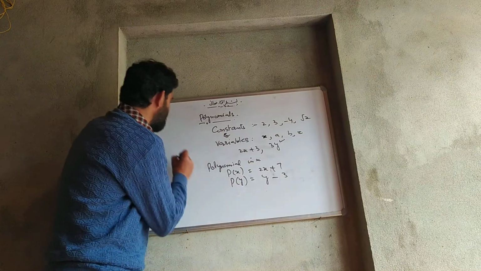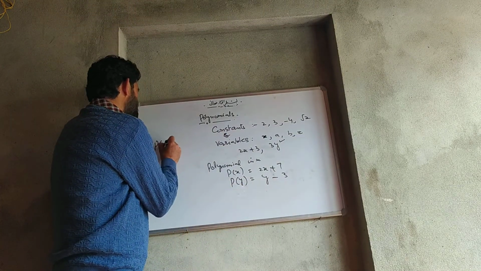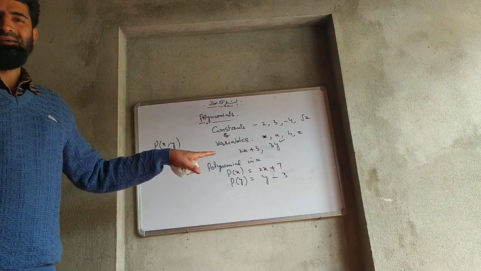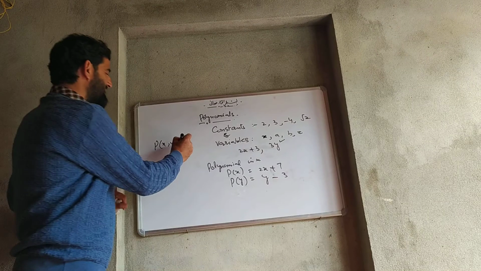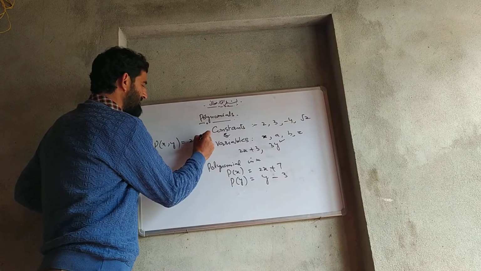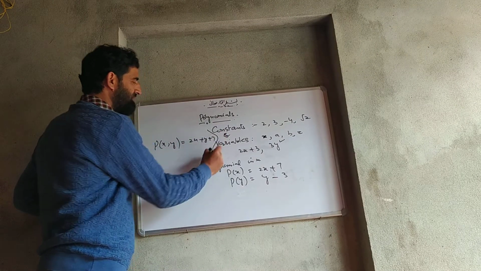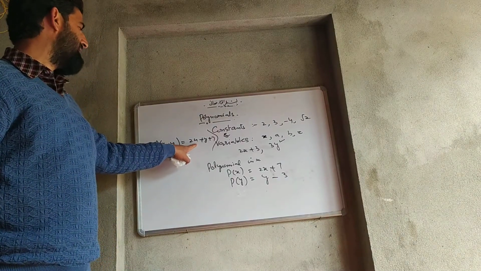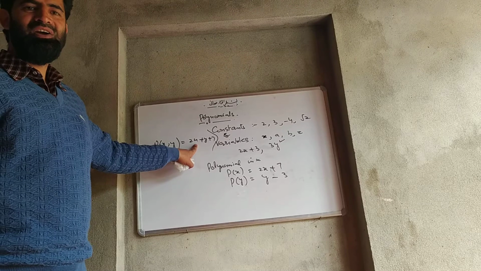If we write p of xy, that means this is a polynomial in two variables, x and y. That is equivalent to 2x plus y plus 7 or something. So this polynomial contains two variables, x and y.